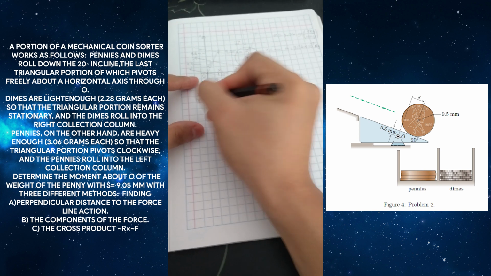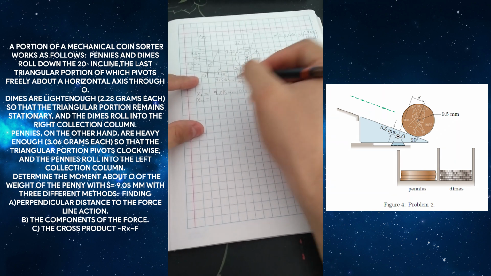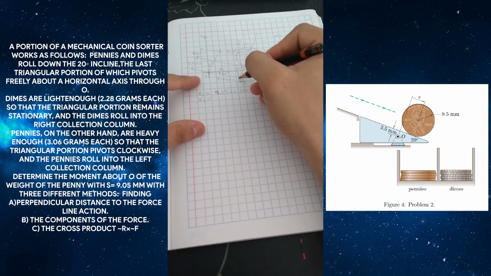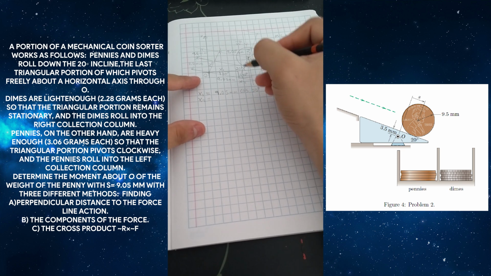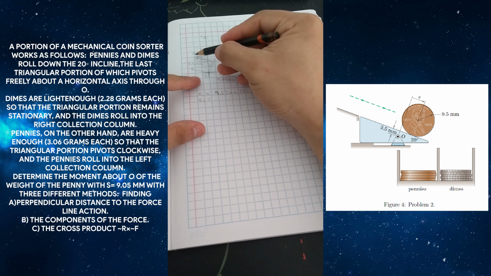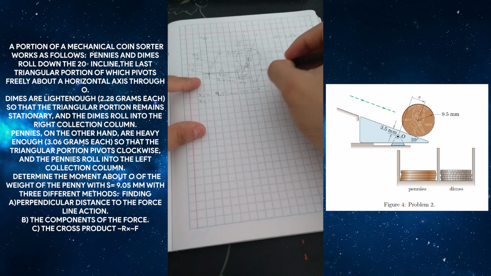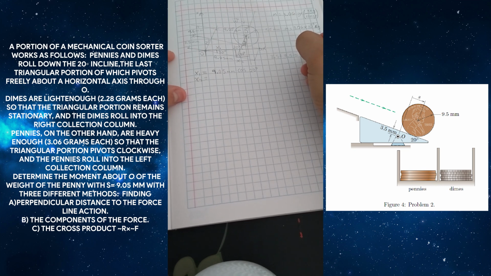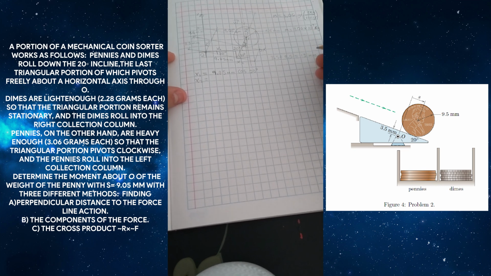And to find x2, we need to realize that here we have another triangle in which this side of the triangle is the same as this, that is 3.5 plus 9.5, that is 13 millimeters.